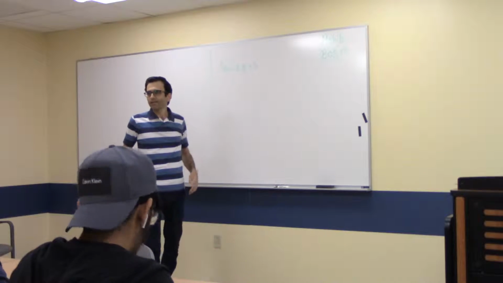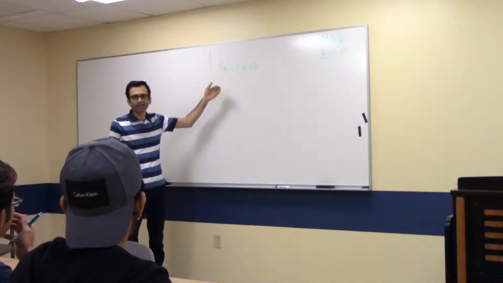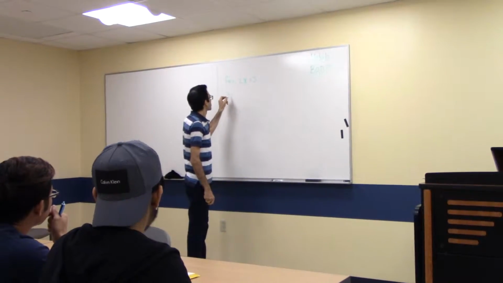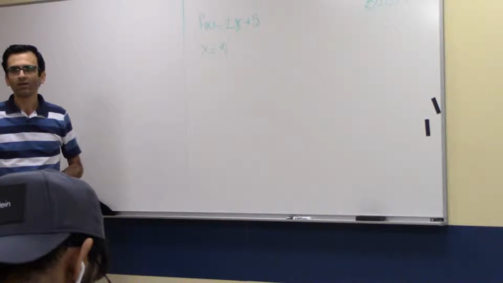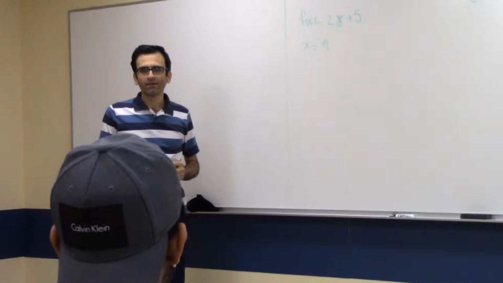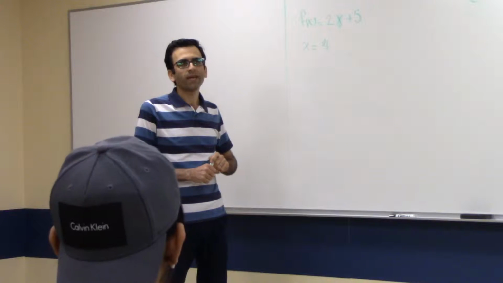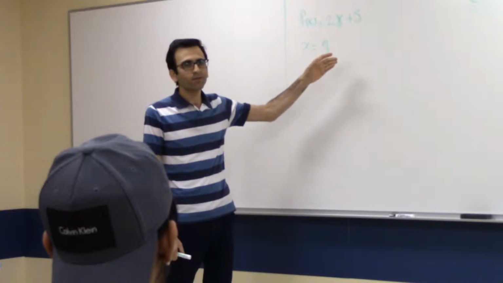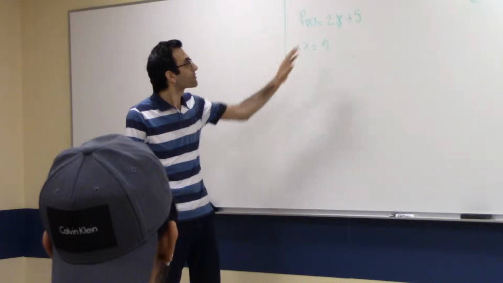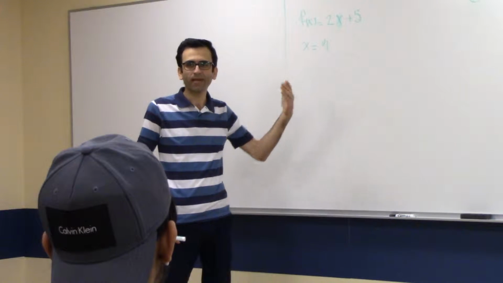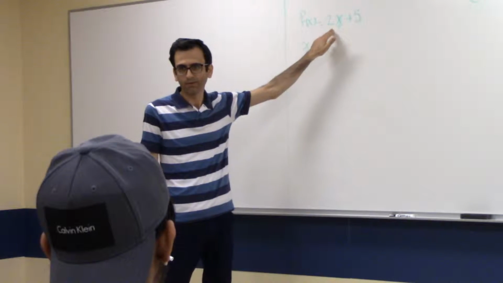For any x, if we want to find f(x) for a special case of x, for example x equals 4, what would happen to the x? So x would be multiplied by 2, and then 5 would be added to that.